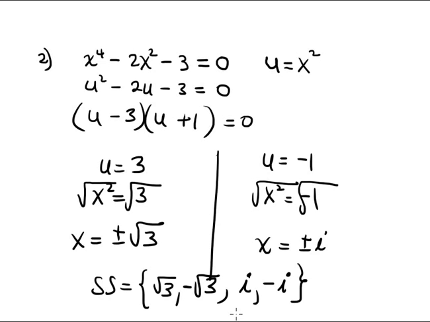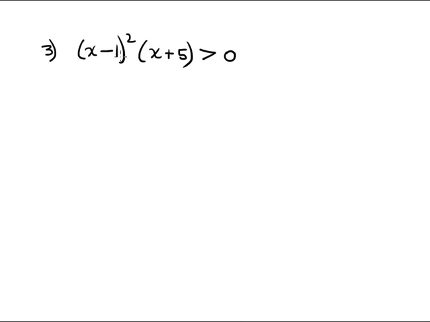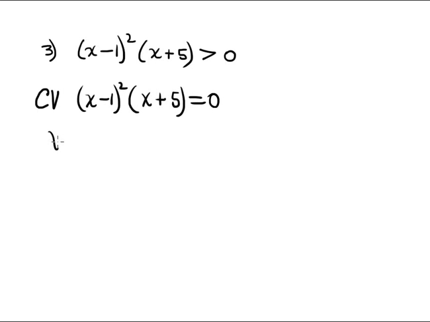Fourth solution. Okay, number 3 is a polynomial inequality. Remember, critical value. You convert this to equation. Es obvio que es 1 and negative 5. This is our critical value.